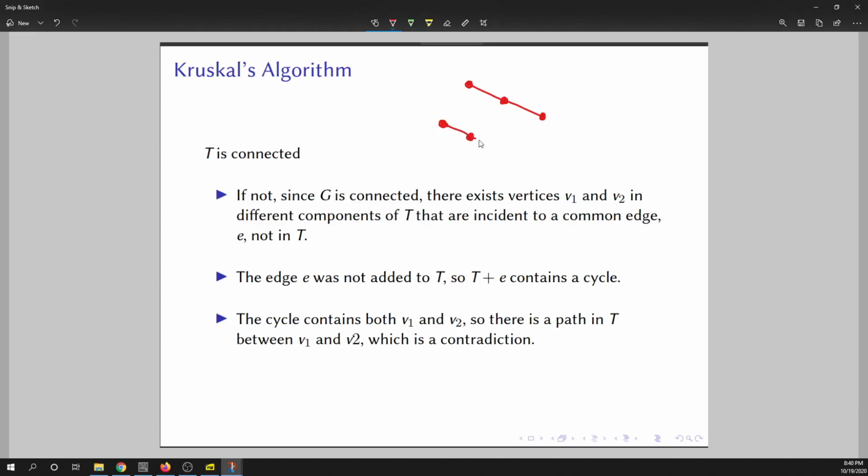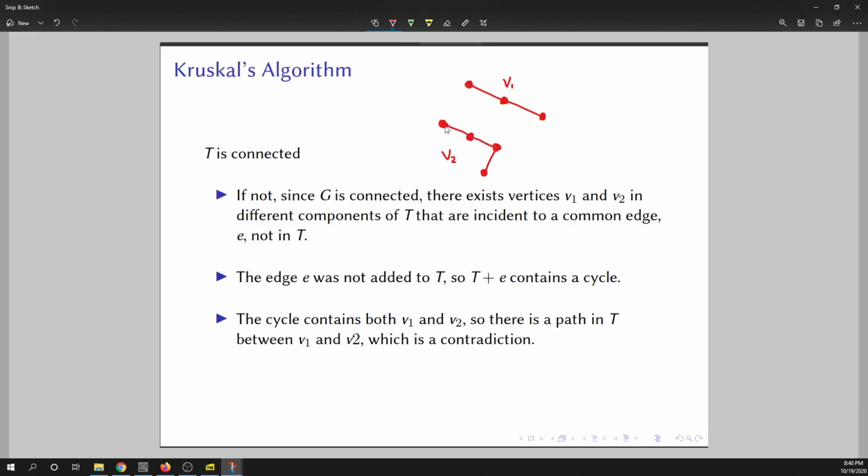So here's one component and here's another component. All right, and so there's got to be vertices that are in different components. And remember, components are maximal connected subgraphs of the graph G. And so what that would mean is that there is no path in T between V1 and V2 if they're in different components.